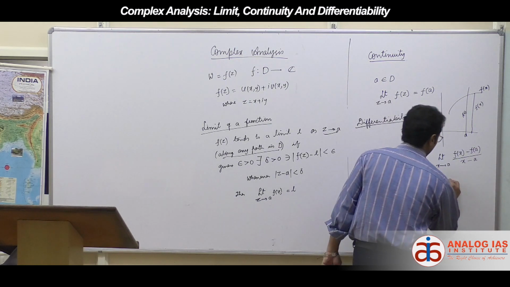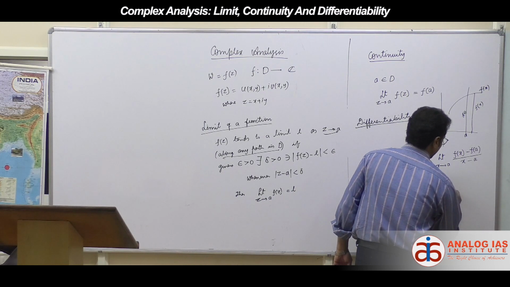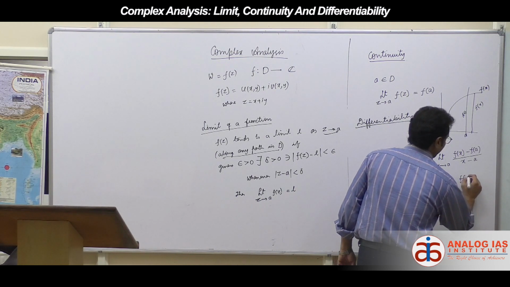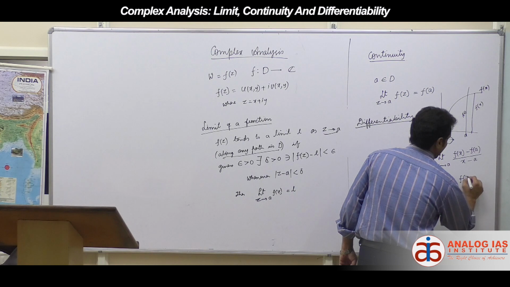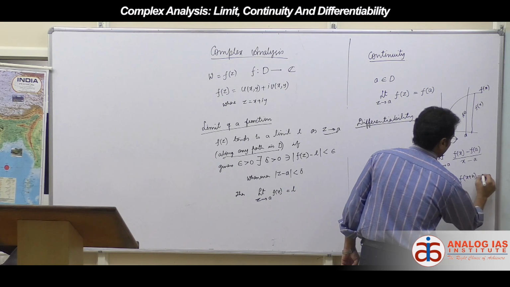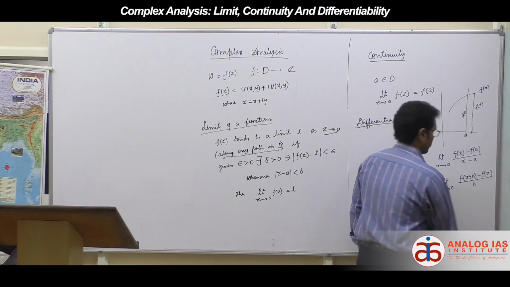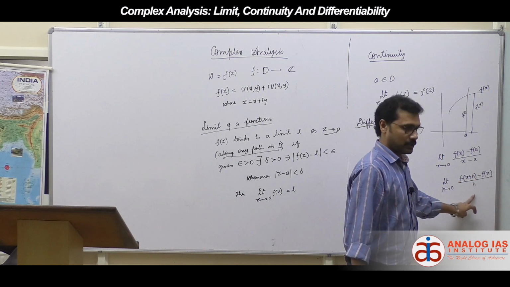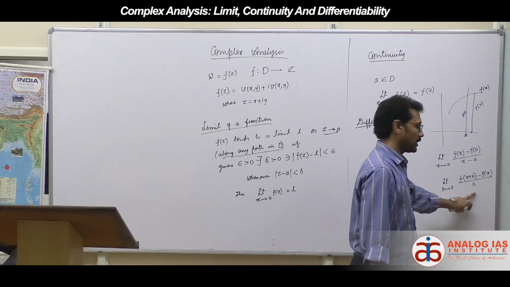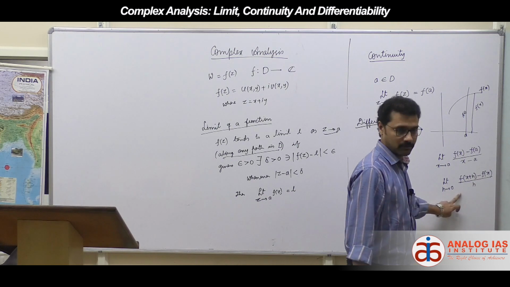This can sometimes also be written as limit h tends to 0 of f of x plus h minus f of x by h, where x equal to a plus h is moving towards a, meaning h is tending to 0.